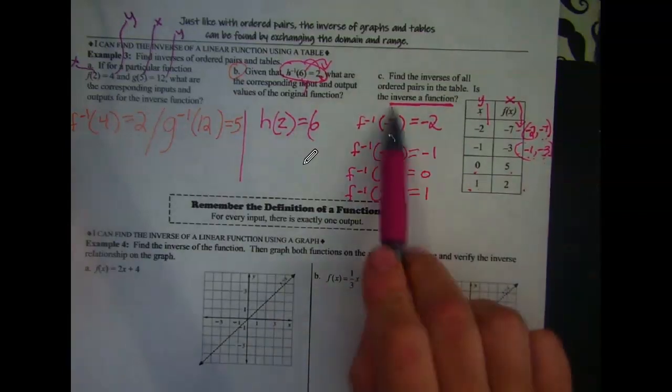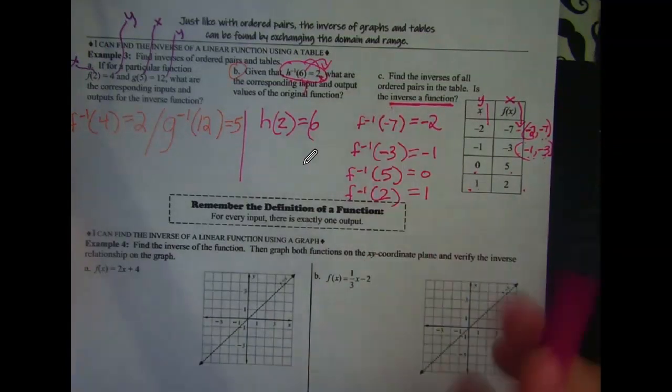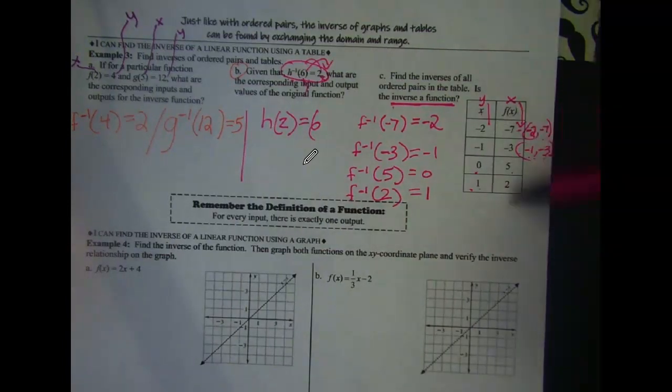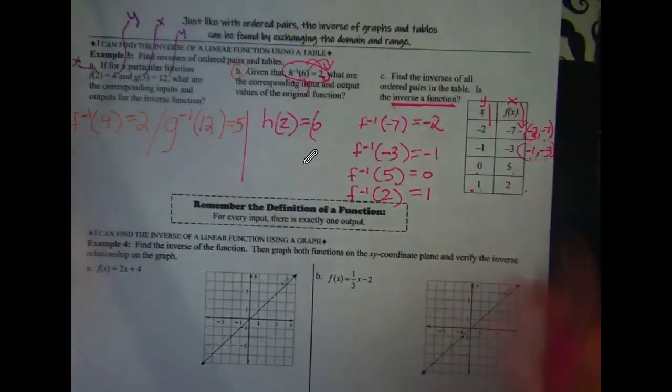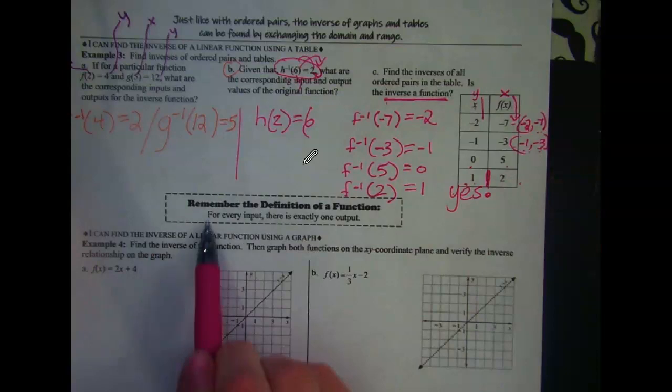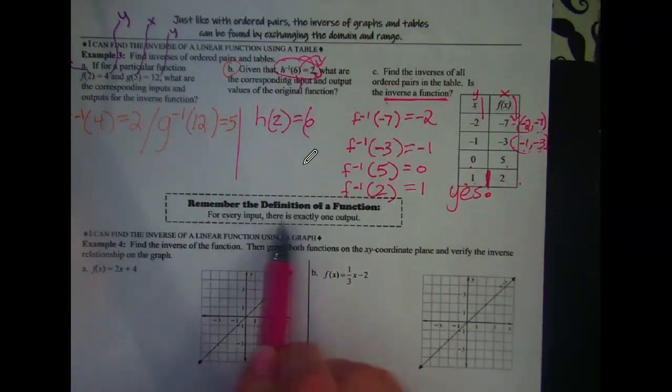And then the question was, is this inverse a function? Meaning, looking at our x values, the inverse x's. When we switched them, do any of the x's repeat? Since they do not, the answer is yes. Remember, for a function, every input has exactly one output.